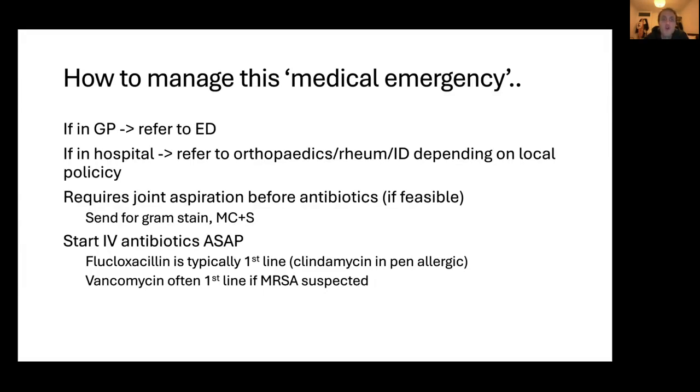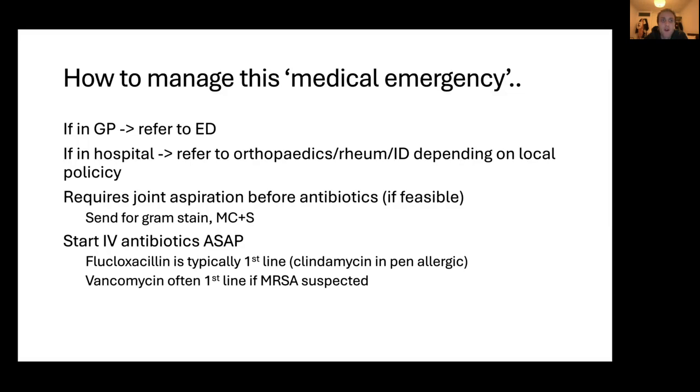That might usually be orthopedics, but could also be rheumatology or infectious disease. So remember, we always want to try and get some joint aspirate before starting IV antibiotics, but if it's going to delay antibiotics, we'd go ahead and do that.